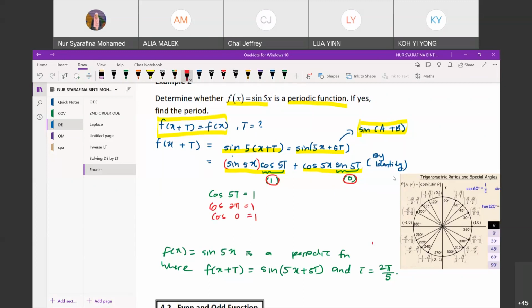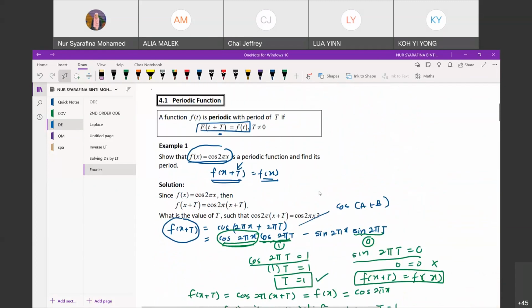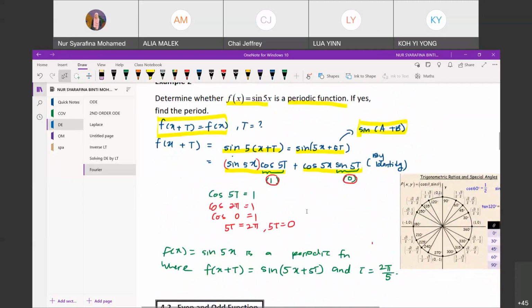So 5T equals 2 pi and 5T equals 0. By definition of a periodic function, T cannot be 0, so we cannot take this. Then T equals 2 pi over 5.